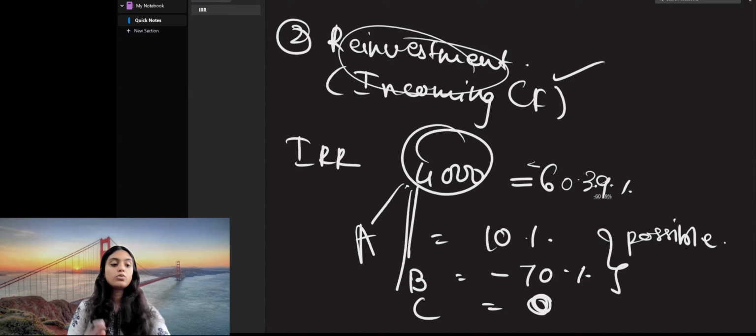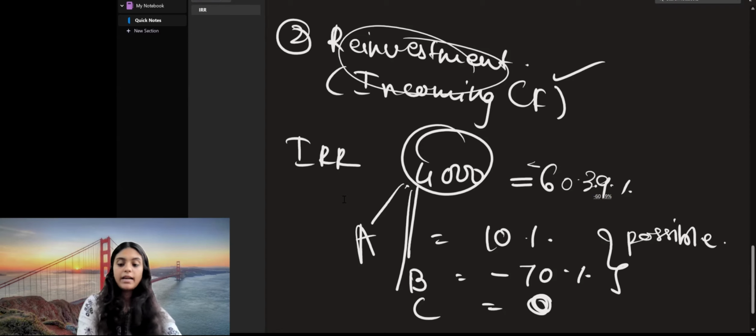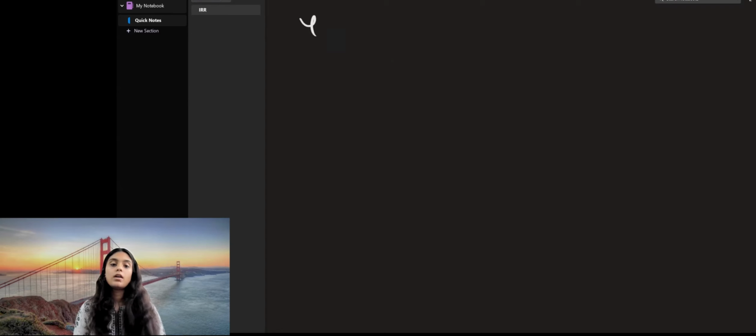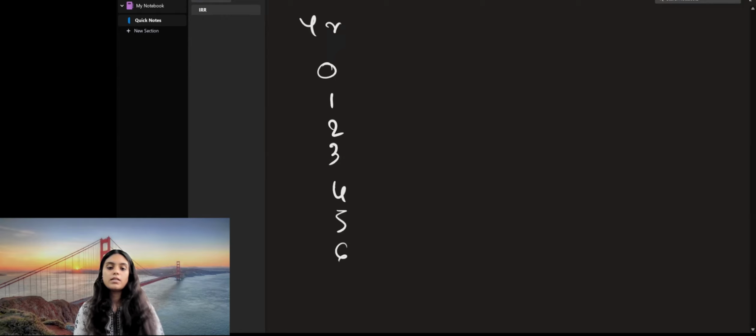So these are the two things that you need to know for IRR. And after that, as I promised you, I'll take sums. Now, year 0, 1, 2, 3, 4, 5, 6, 7, 8. And then cash flows.